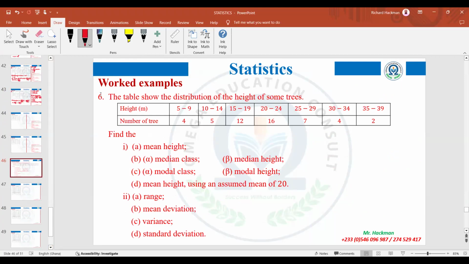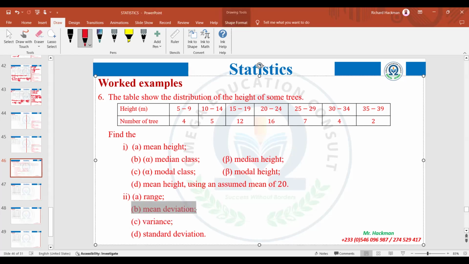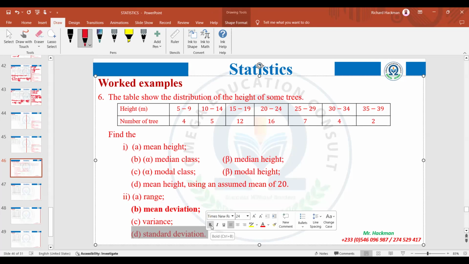This one will be yours, but you present the solution to only the mean deviation and the standard deviation, because I know that if you are able to do the standard deviation, you've done the variance. So you will do this one, let me underline or make it bold, and this one only. Take note, the rest we will discuss tomorrow. So do the mean deviation of this and the standard deviation. All correct?